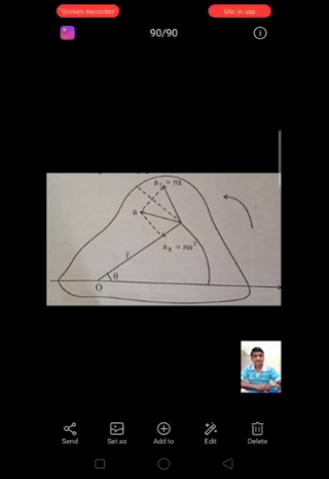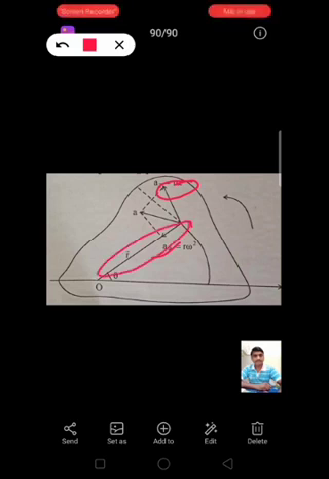So we can see the directions of radial acceleration and transverse acceleration. This indicates direction of transverse acceleration, and the acceleration along radial vector r is radial acceleration.